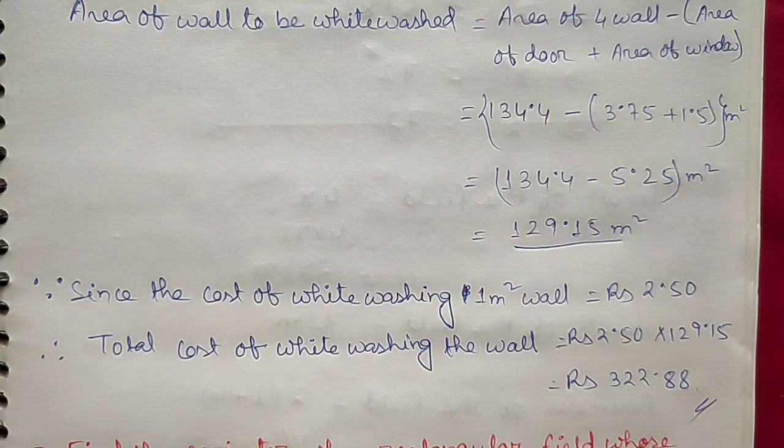You will multiply 2 with 10, right? So here also, since the cost of 1 meter square wall is 2.50, the total cost of whitewashing the wall equals rupees 2.50 into 129.15, which will be rupees 322.88. I think all of you were clear. Now let's proceed to our next one.